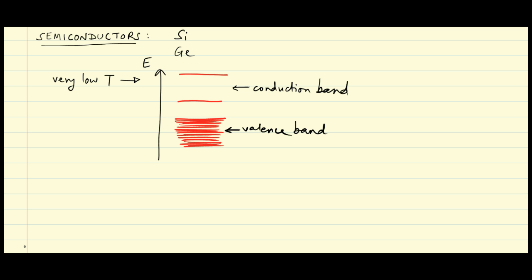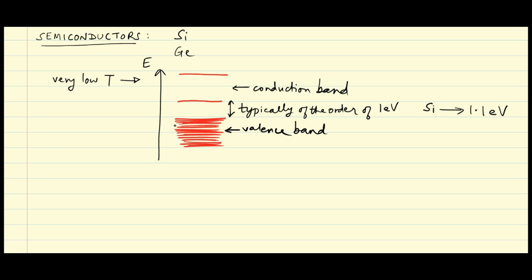Now, the fundamental difference between a semiconductor and an insulator lies in the band gap between the conduction band and the valence band. We have already seen that in an insulator the band gap is of the order of 5 to 10 electron volts. In a semiconductor the band gap is much smaller. It is typically of the order of 1 electron volt. As an example, we can consider the case of silicon, where the band gap is roughly 1.1 electron volts.